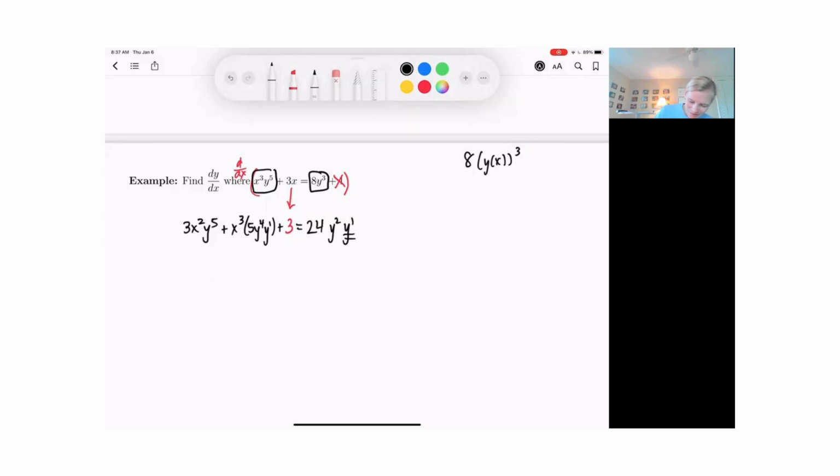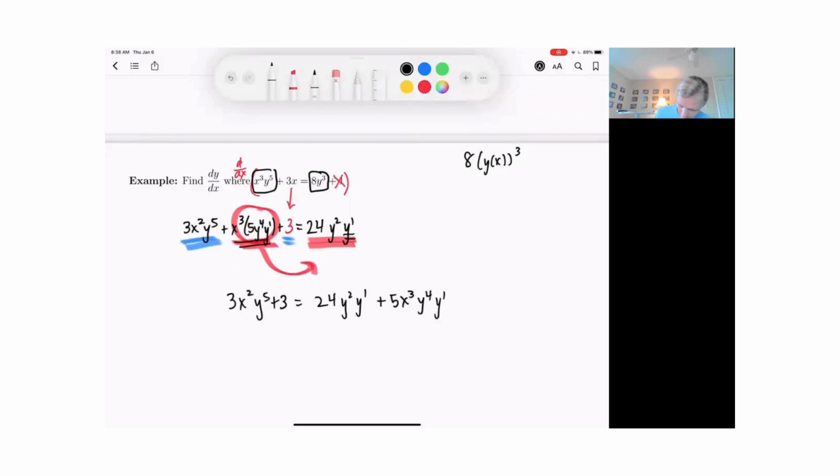So I'm going to get all the y primes together. So I've got y prime, and then I've got everything else. So I'm just going to go ahead and subtract this piece over to the other side. So I'm going to be left with 3x squared y to the 5th plus 3 is equal to 24y squared y prime plus, I'm going to rewrite that as 5x cubed y to the 4th y prime.